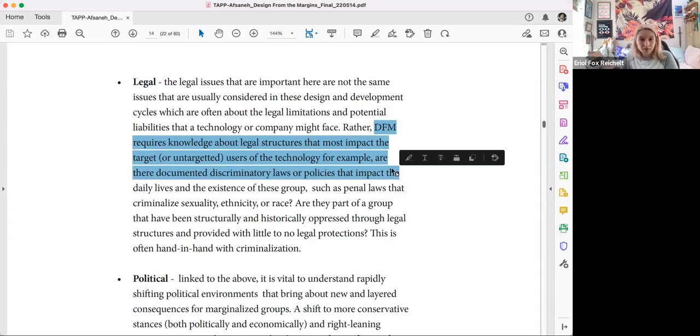And it goes on to describe those things, but this is something that I've been interested in for a while around to what extent design as a practice, as a role, as something that you do, needs to be more knowledgeable on personal and institutional educational levels about the legal implications of different things. And this, again, it's not a new concept.